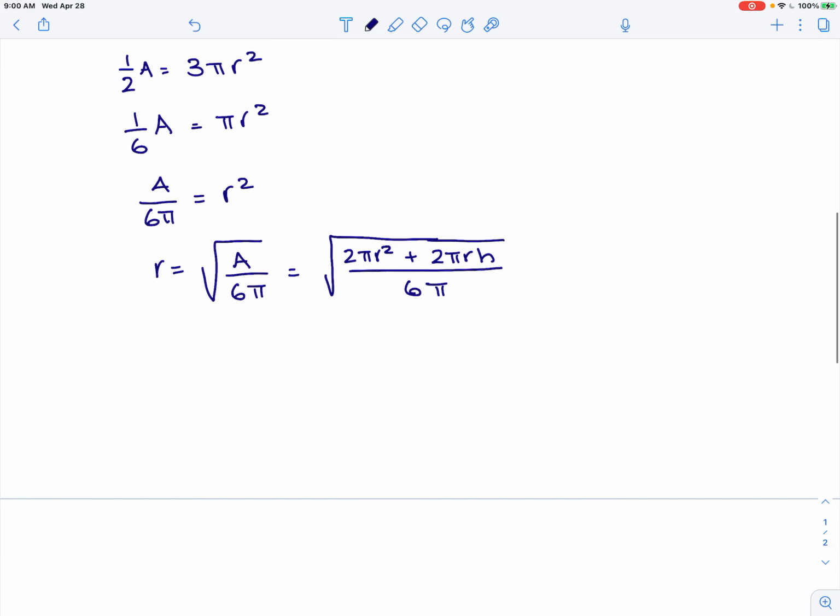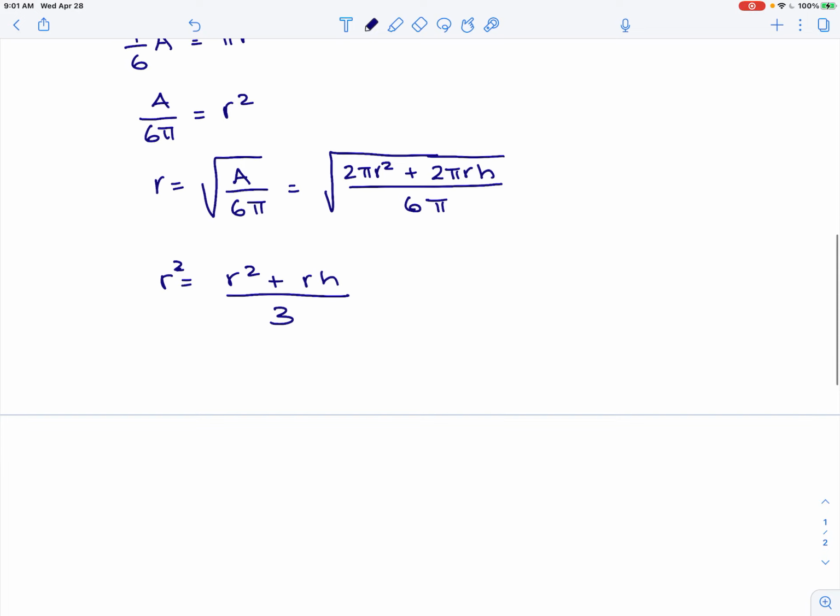Maybe squaring both sides might be a good idea. The 2's and the pi's cancel, so I have r squared equals r squared plus r h, all over 3.